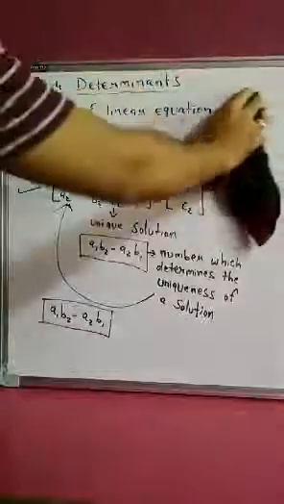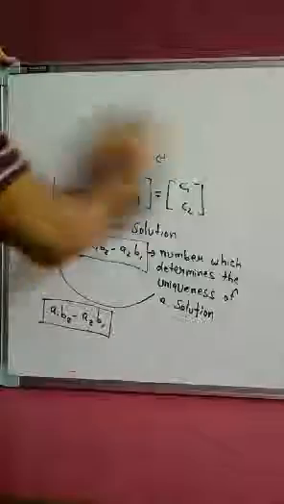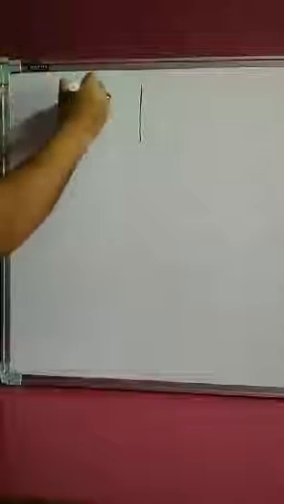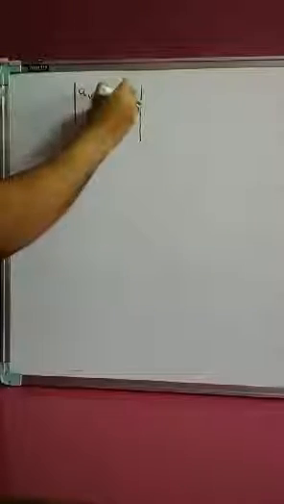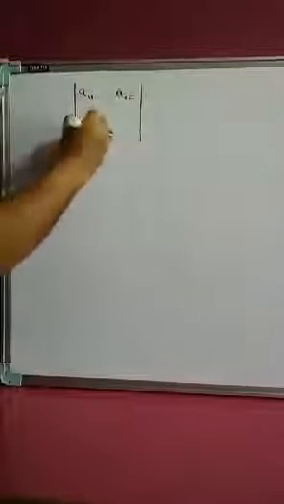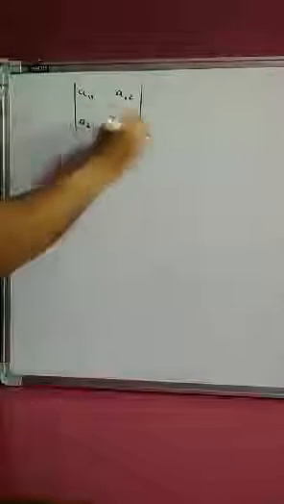Now I will tell you that a determinant is written using two straight lines. Suppose we want to write a determinant a11, a12, a21, a22.